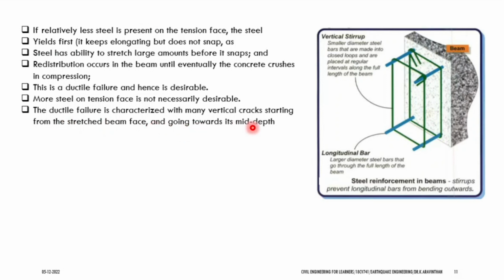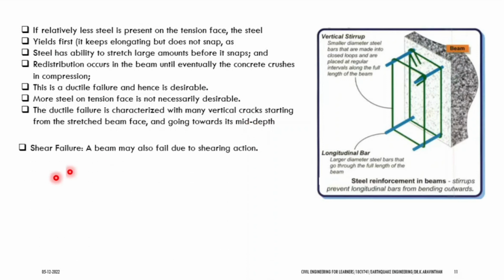So if a beam fails by ductility, the crack will project from the bottom and go to the top. During the post-earthquake inspection, the inspecting engineer will know whether this beam was designed for an earthquake resistant structure or an ordinary structure. By viewing you can observe.